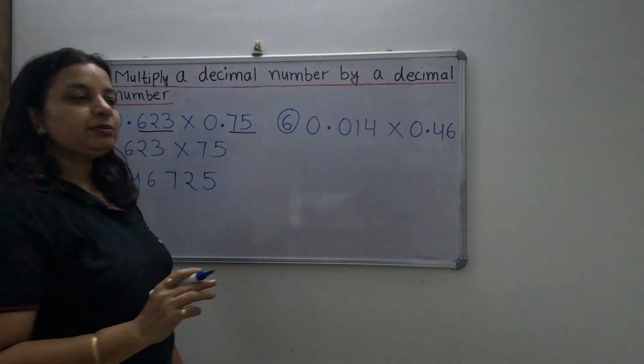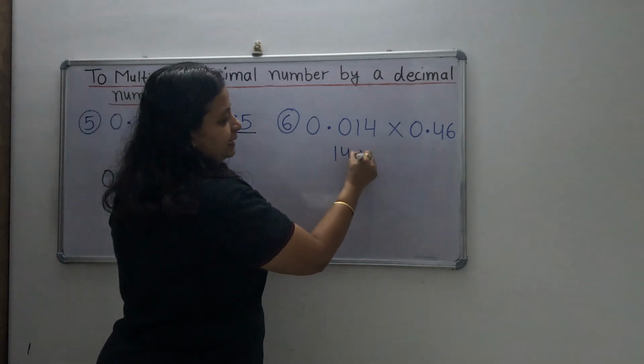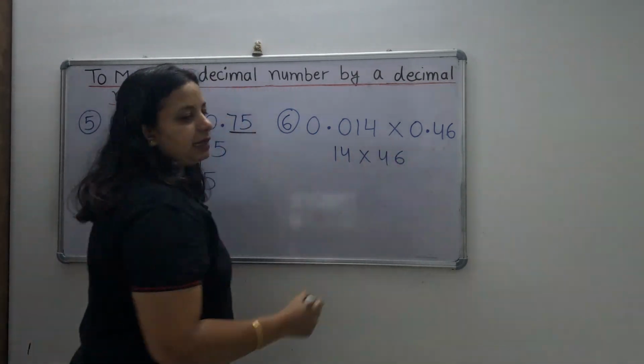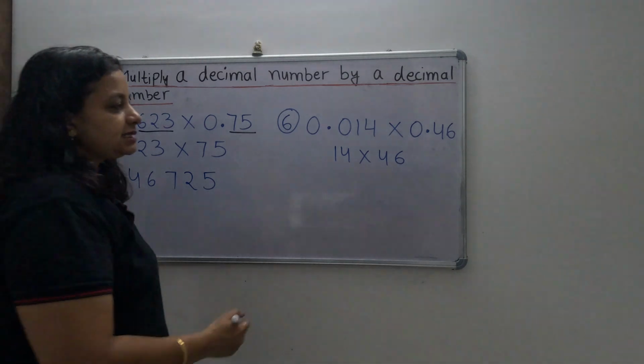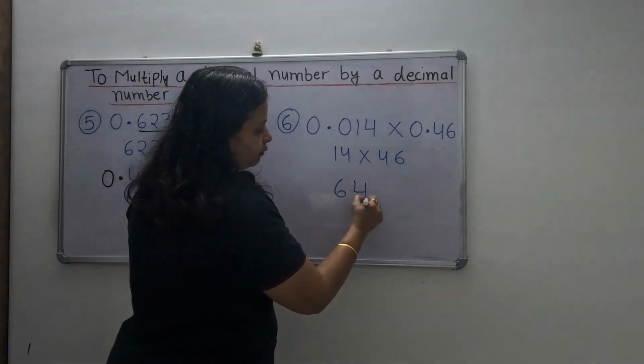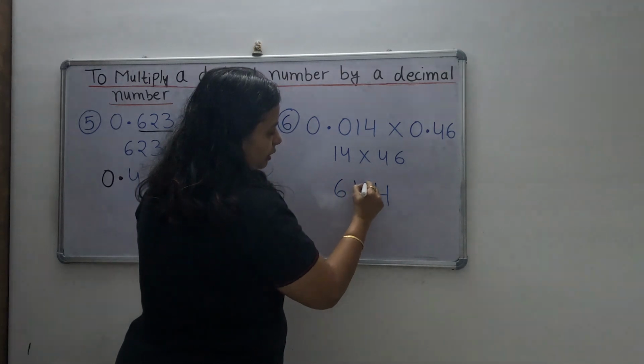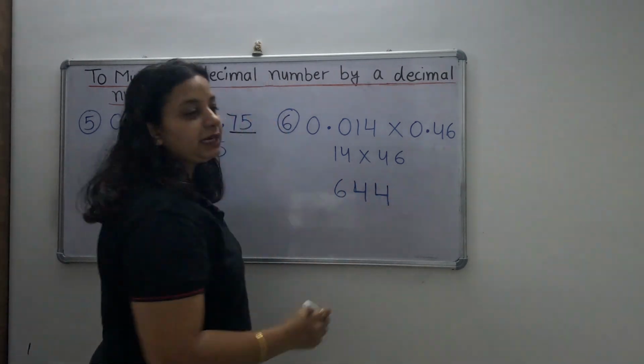Now ignore the decimal point, as you know it. So 14 times 46. Now do the normal product. 14 times 46. 644. So the product is 644.